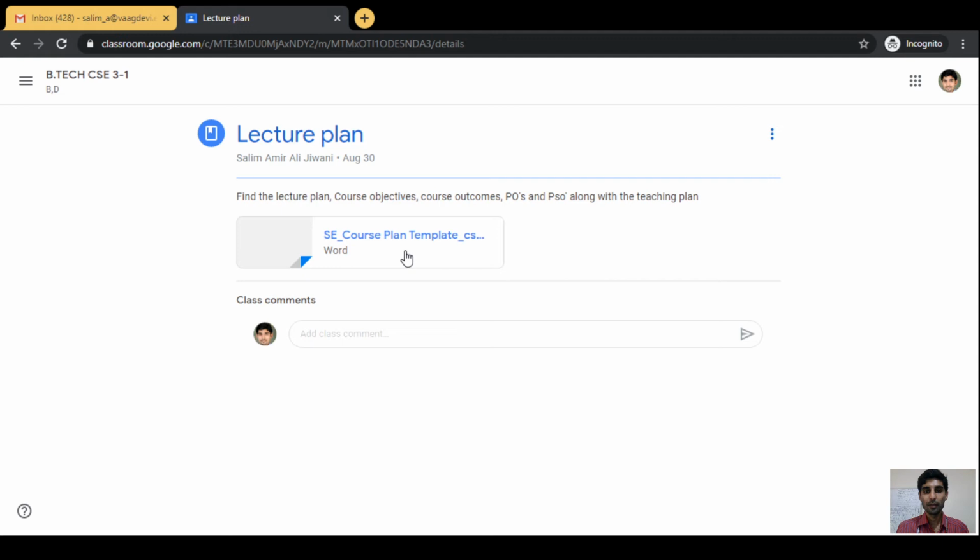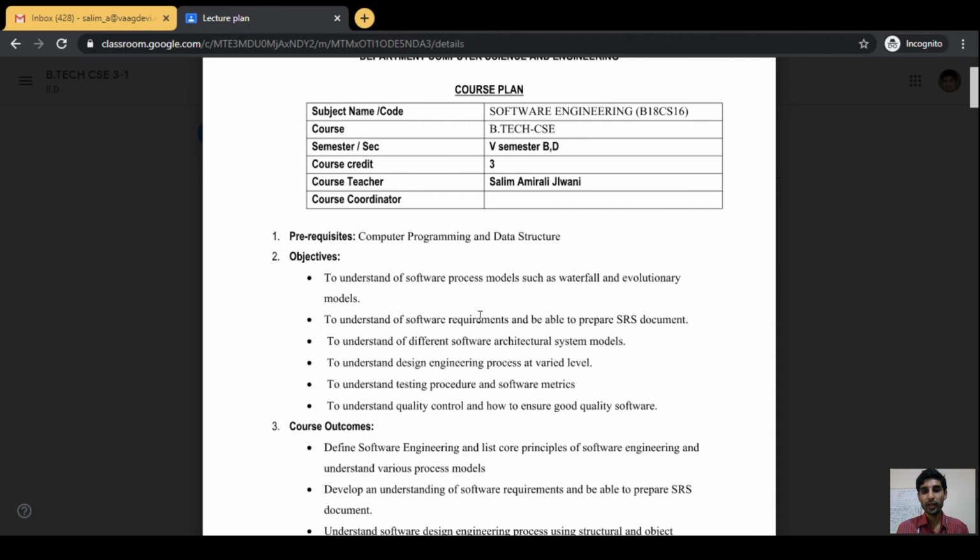The second module, or unit 2, helps them to understand the requirements and be able to prepare a document called the software requirement specification document, which will enable them to build good systems.